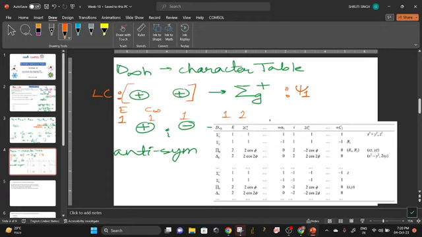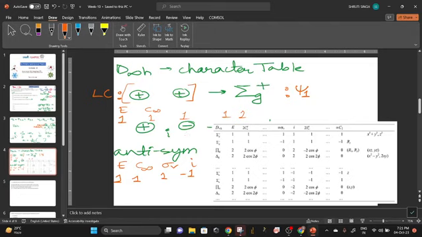But for the antisymmetric one, under E it will be 1. Under C infinity it will be 1, because C infinity is in this direction. Under sigma v it will be 1, and under I only it will change. If we put I, this minus will come here, plus will go here. So under I, it will have a negative character. Then this is S infinity.